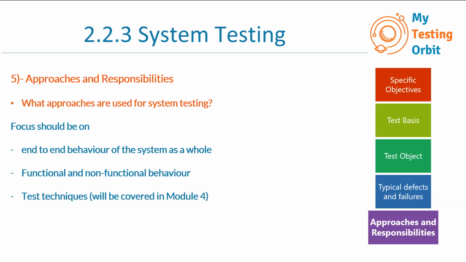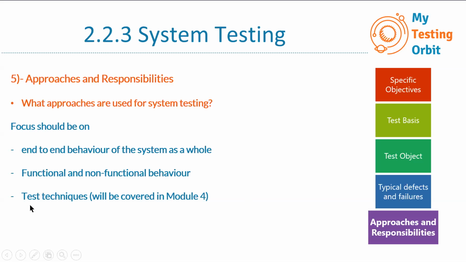Going forward, what approaches are used for system testing? When we are coming up with the test approaches for system testing, these are the few things we should focus on while finalizing our testing approach. It should be the end-to-end behavior of the system as a whole, then functional and non-functional behavior of the system, and also the test techniques, that is, which test techniques we need to apply for this specific system.